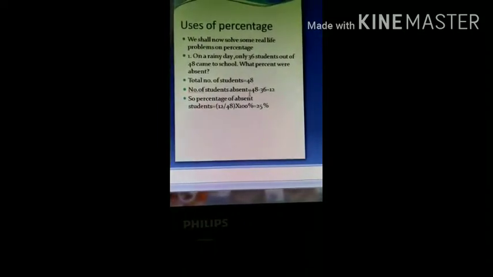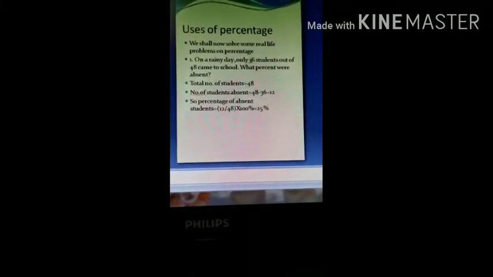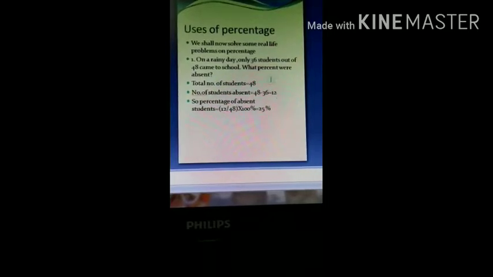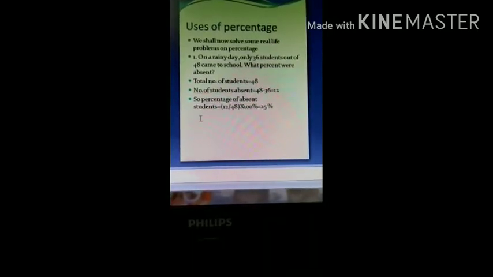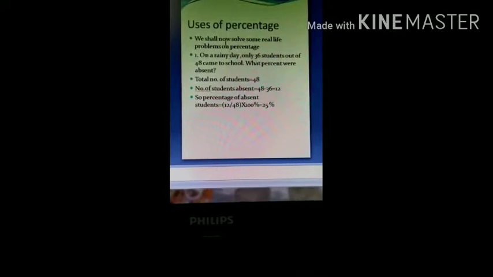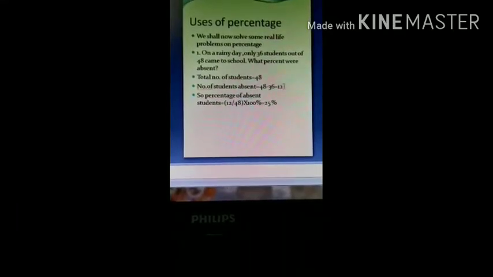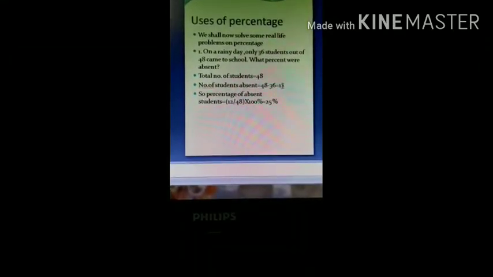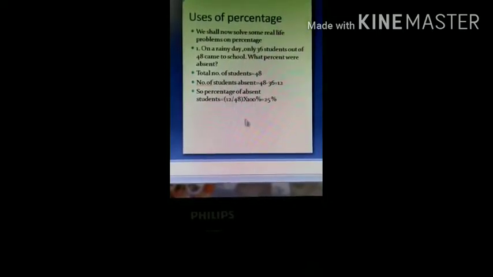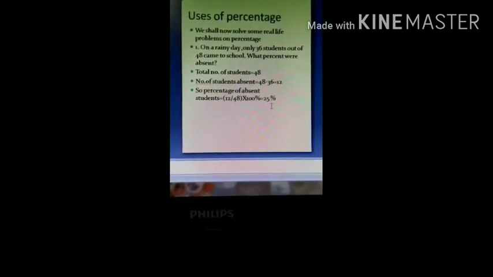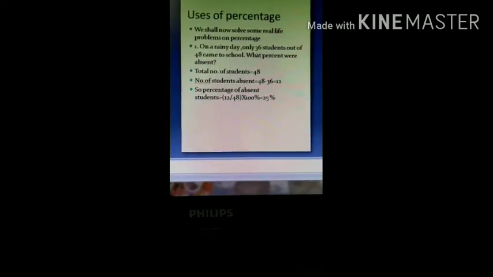So the number of students absent: total students 48 and present on that day was 36. So 48 minus 36, that is 12. So the percentage of absent students on that rainy day will be 12 by 48 into 100%, that is, after calculation we will get 25%.